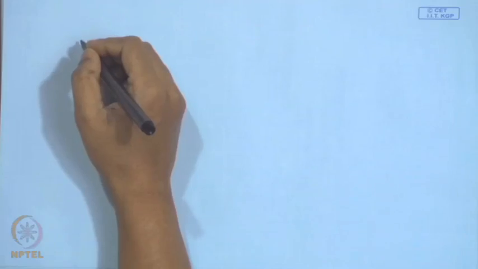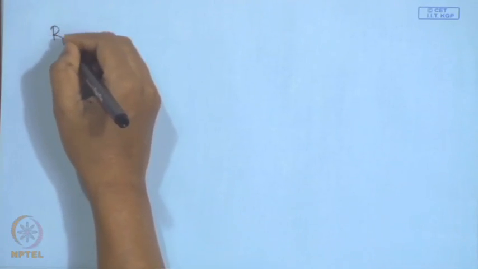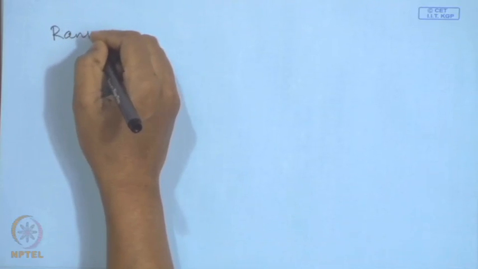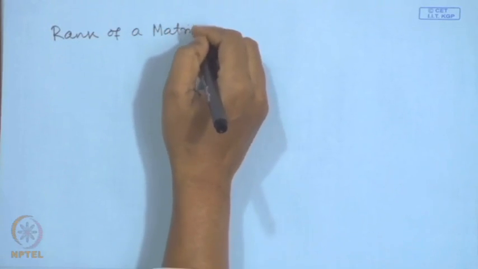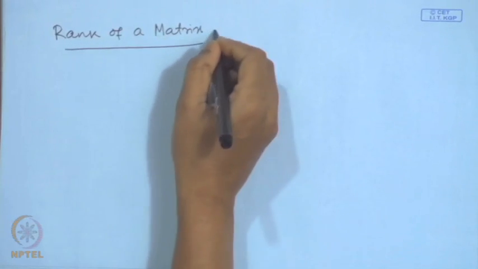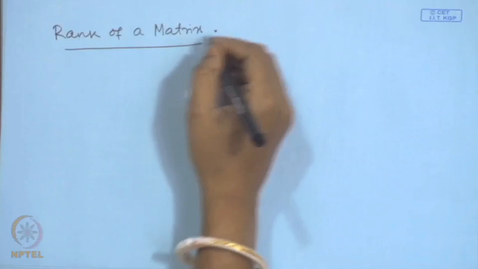So, next we shall find out another important terminology, that is the rank of a matrix, and the rank of a matrix is also very useful. Here we find the rank of a matrix again in terms of linearly independent vectors.